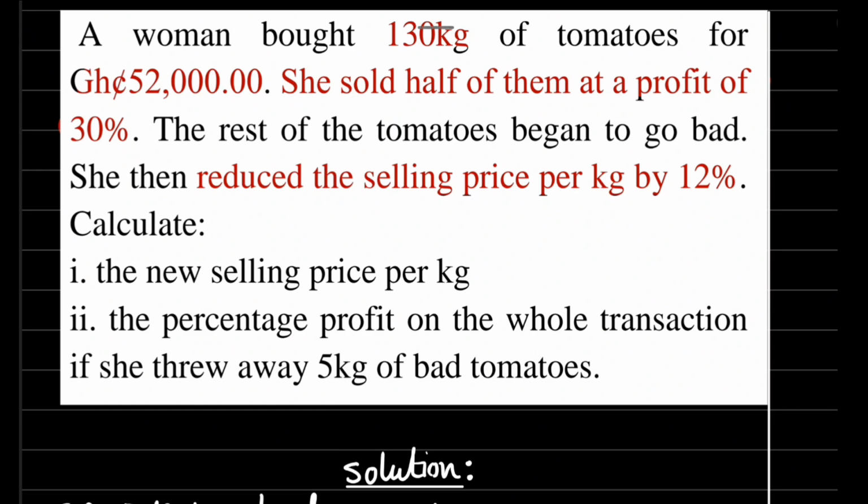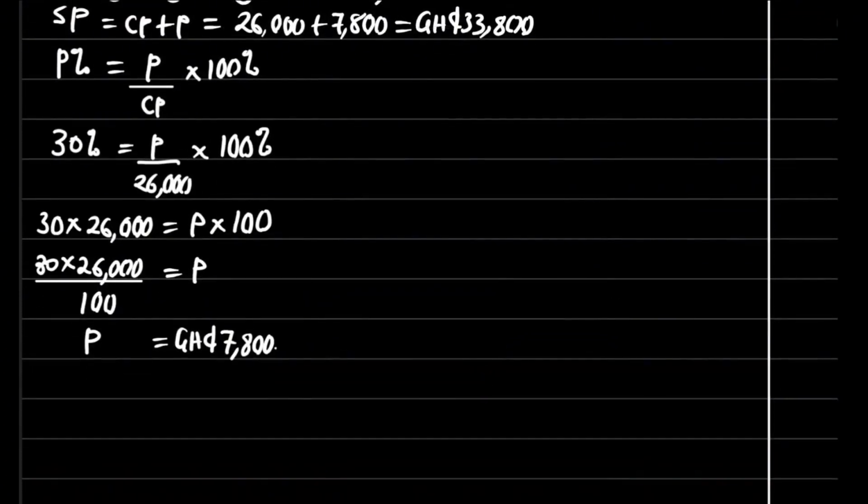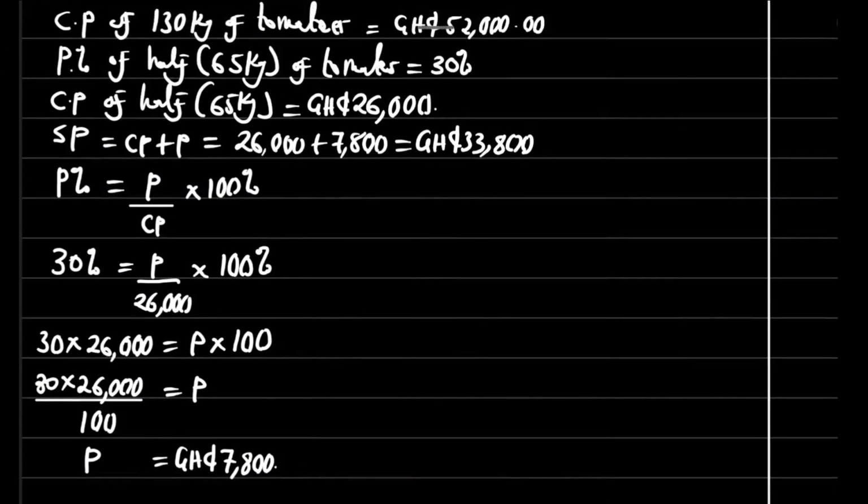So that means that we need to know the selling price per kg for half of the tomatoes that was sold. So let's go back and work out the selling price. We know that the total selling price for the half of the tomatoes sold, we have computed to be 33,800.